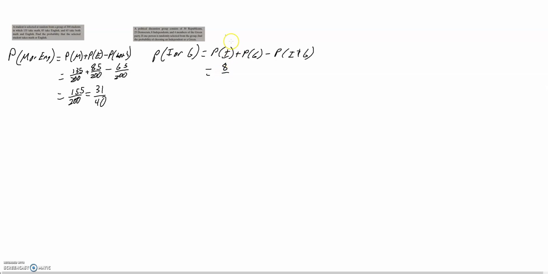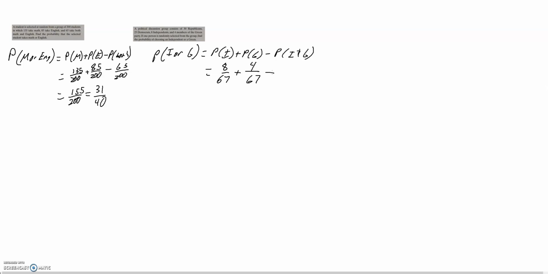8 out of, well, how many total members are there? 30 plus 25 is 55, and then 63, 67. So 8 out of 67 plus probability of green. Green is 4 out of 67 minus the probability of both. So how many are independents and green?